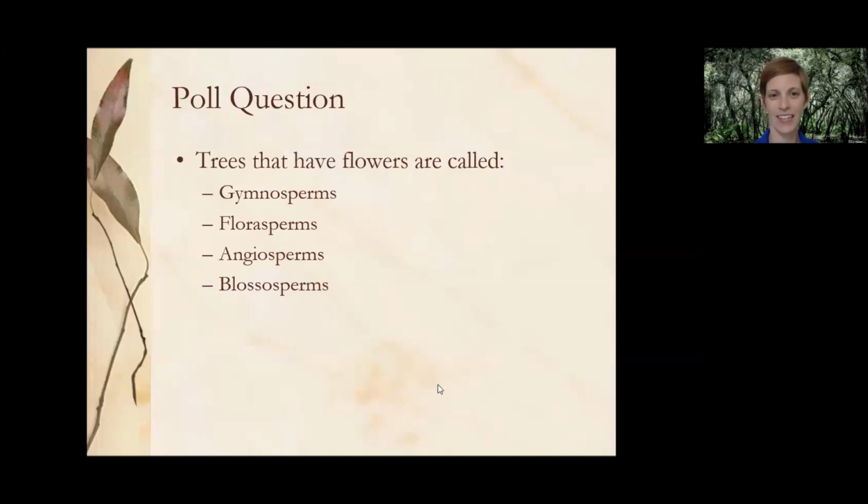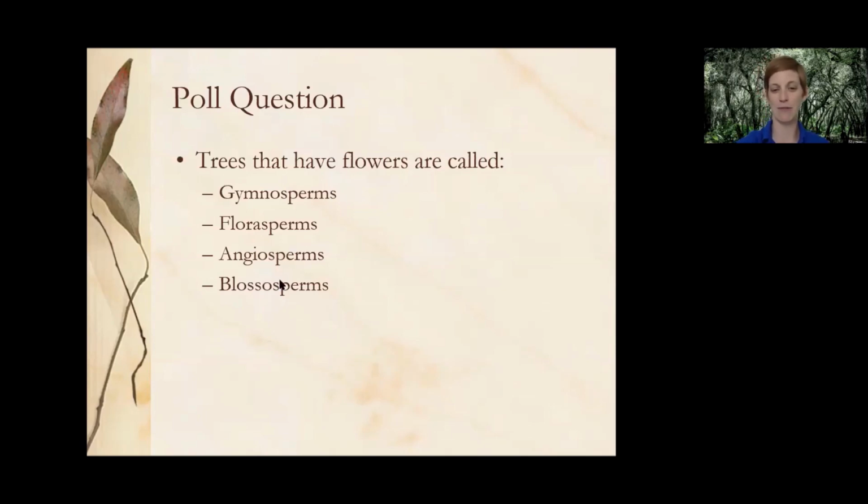Okay, majority of you have voted, but for those that are still debating, we'll do like 10 more seconds. 4, 3, 2, 1. Oh, there were some last minute changing answers. All right, so with all the changes that happened, the majority of you did get it correct. It is angiosperms.